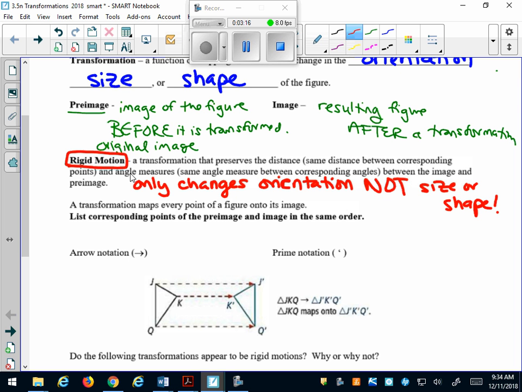In other words, if we're transforming a triangle, the entire triangle is going to be congruent in the pre-image and the image. It's going to be the same size and shape triangle. It might be pointing a different direction, but it's a rigid transformation, so it hasn't changed its size or shape.